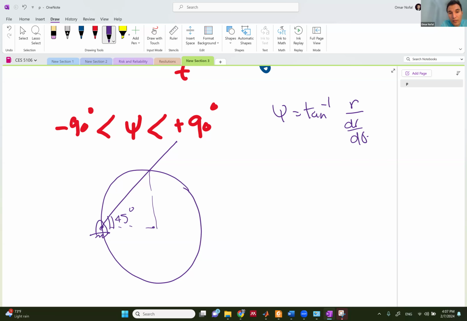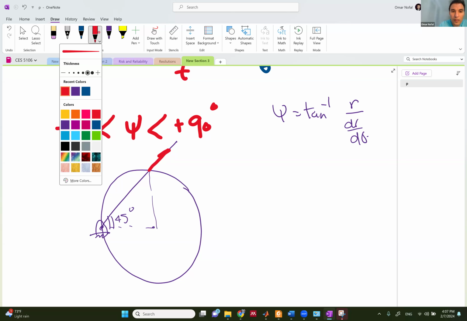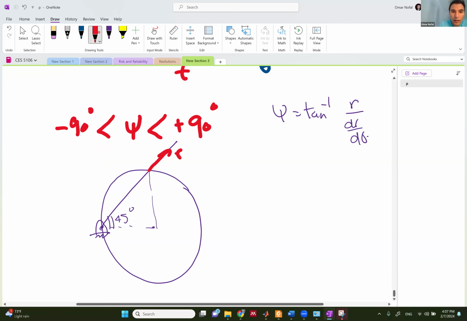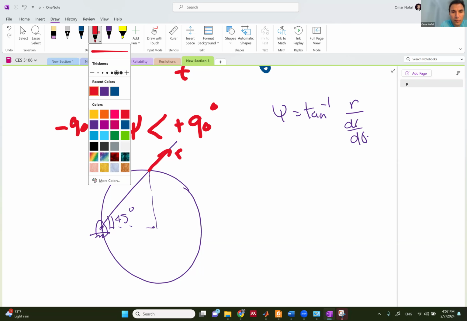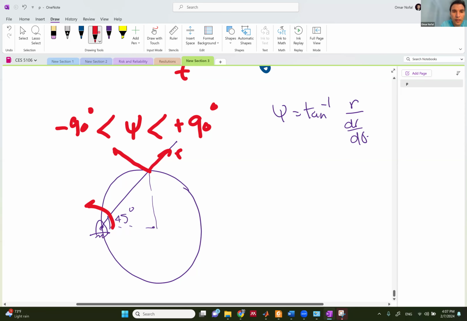So if this angle is 45 degrees, and this is R, and the theta, I'm not sure where the arm was going, I believe this way. So this is going to be theta, and the tangent in this case was something like this. Let's assume that the arm was going the other way.